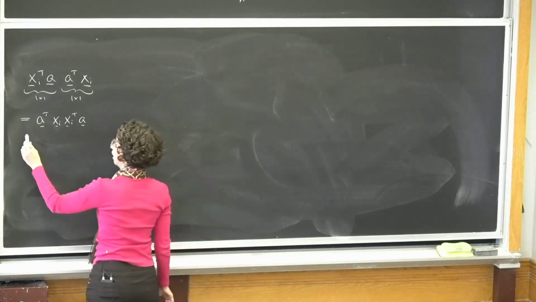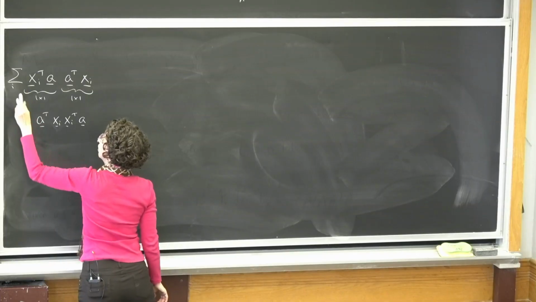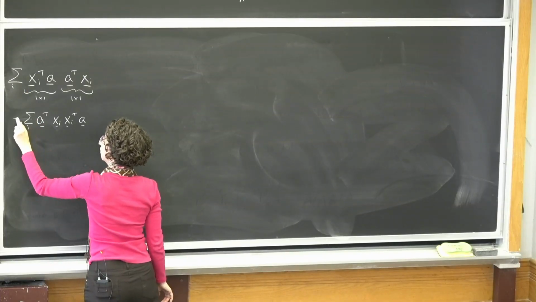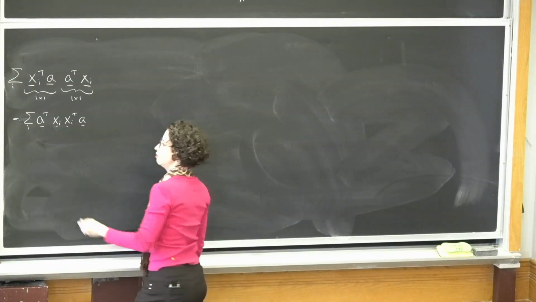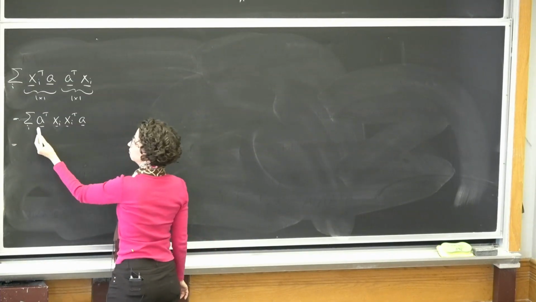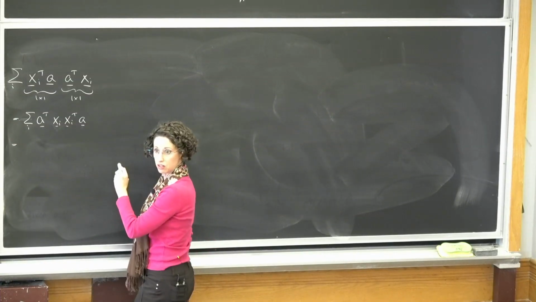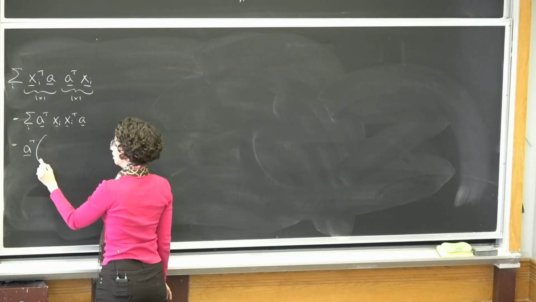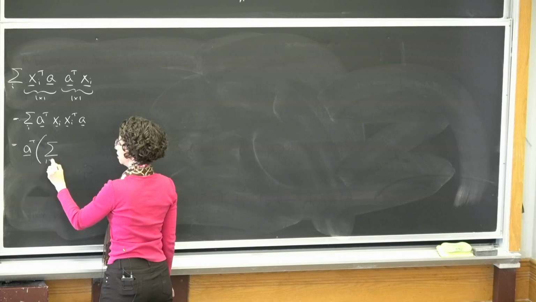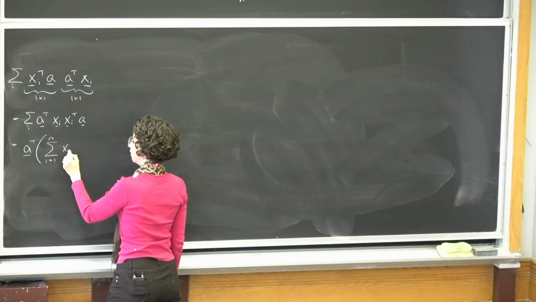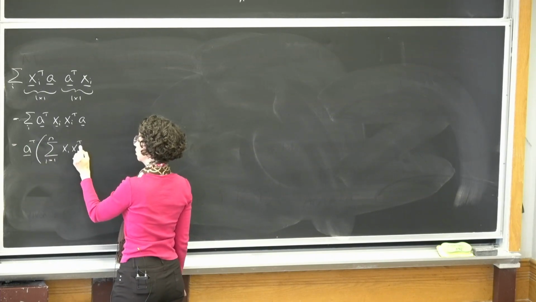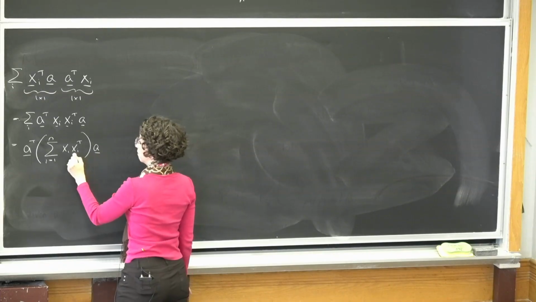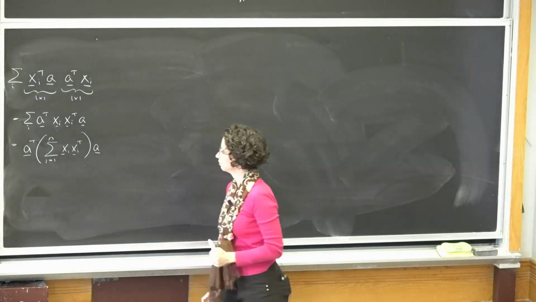Now, if I were to look at the sum over i of this, the sum doesn't affect the A's. I can pull the sum in. So I'm going to have A transpose times the sum from i equals 1 to n of Xi transpose times A, like that.